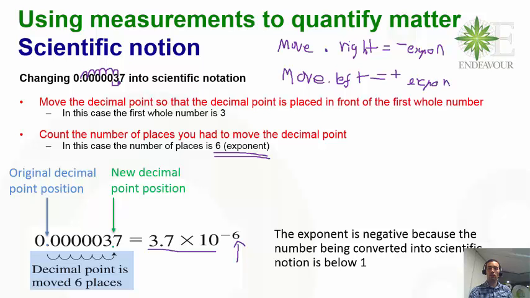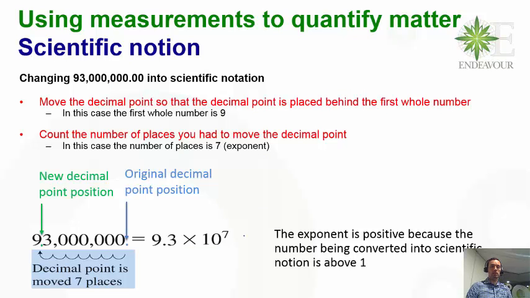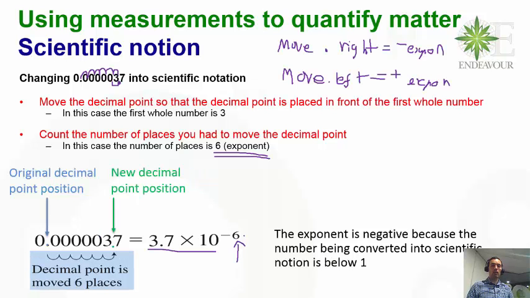So it tells you a lot about the number, whether you've got a positive or negative at this final value here, where you're raising to the power of 10. Here it was 10 to the power of 7, positive 7, meaning you've got a very large number. Whereas here, it's 10 to the negative 6, meaning you've got a number much less than 0.